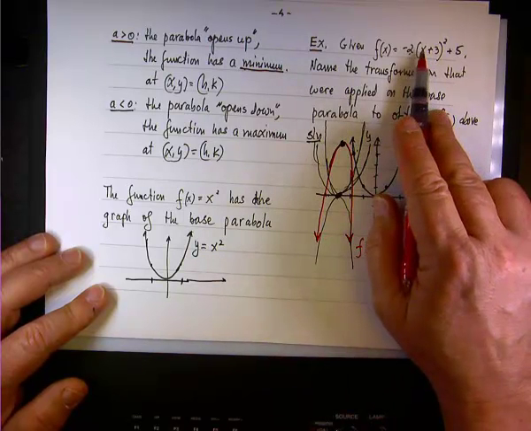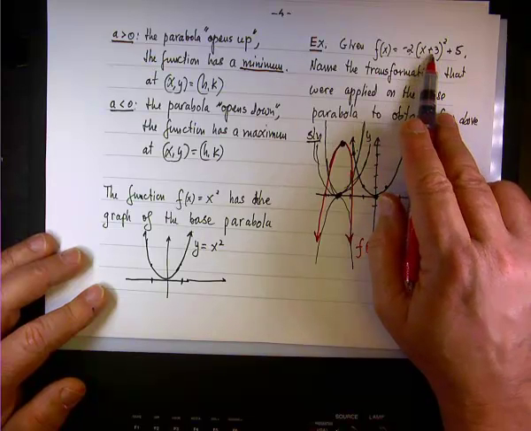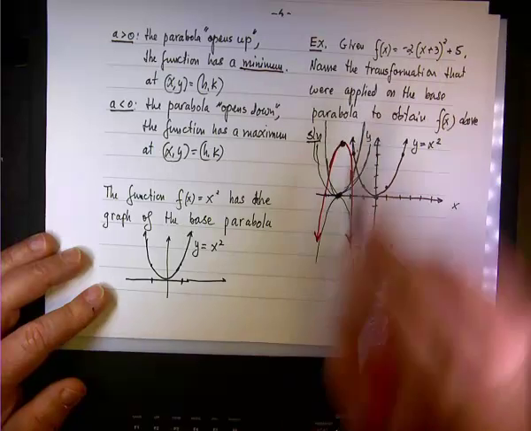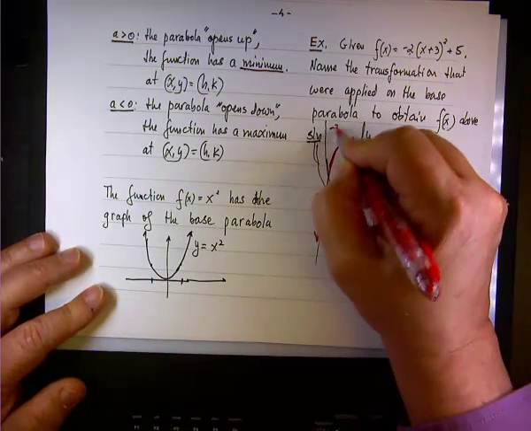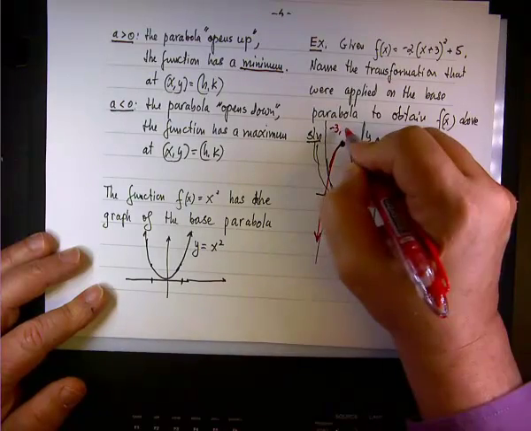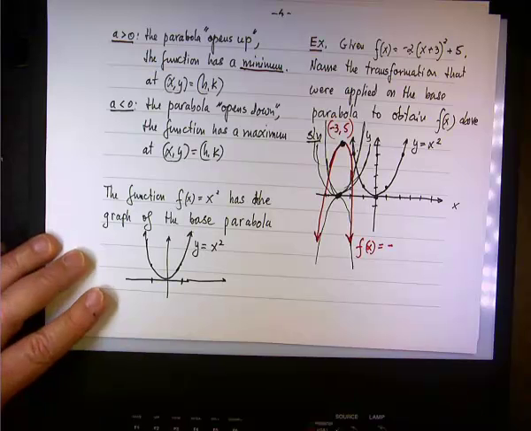It's supposed to be x minus h, but we have plus. So if you think about it, x equals negative 3 is the vertex. The vertex will be (negative 3, 5). If you subtract negative 3, you have positive 3.